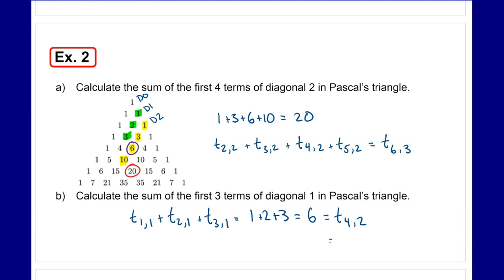Or you could say 4 choose 2, because again, we can use that choose notation.